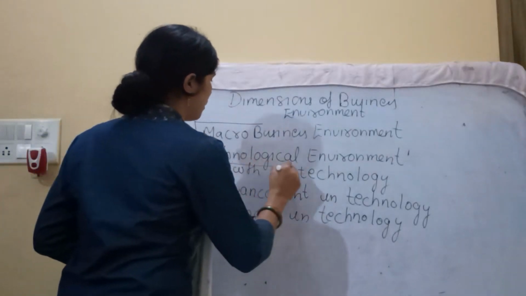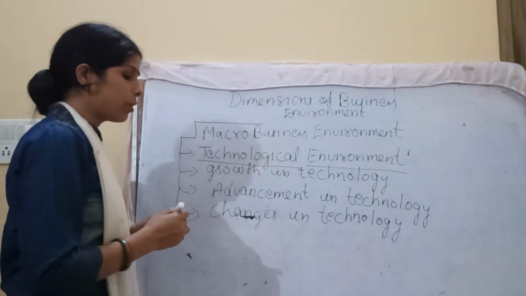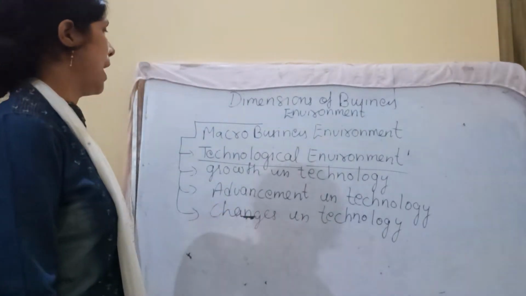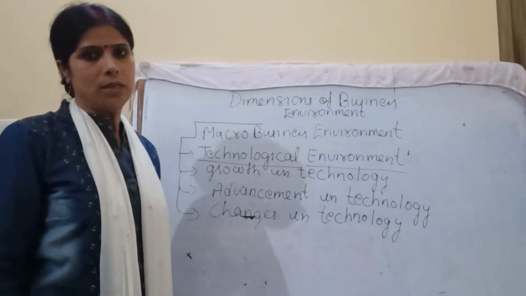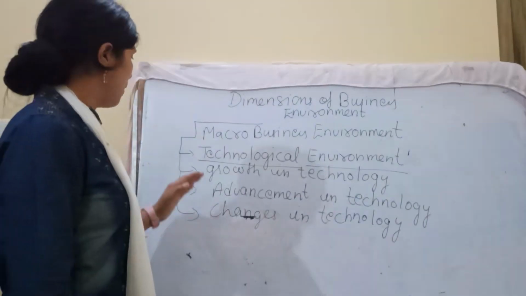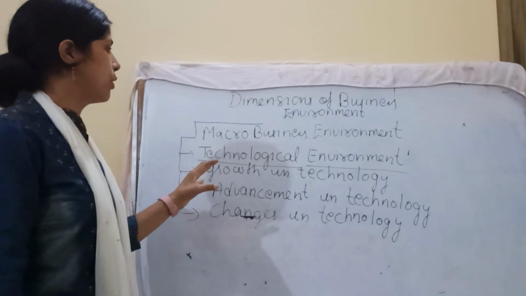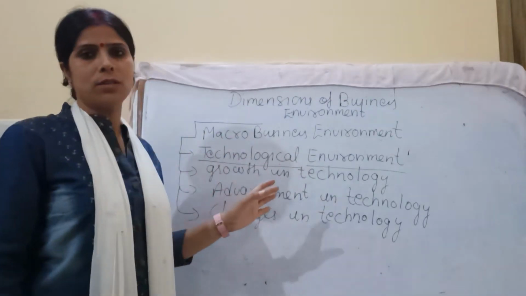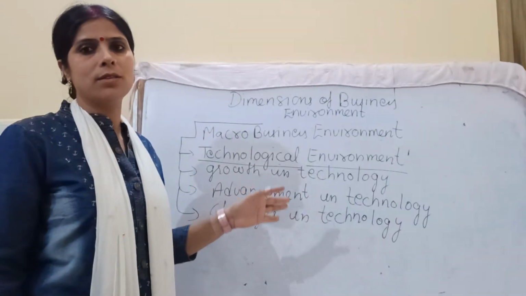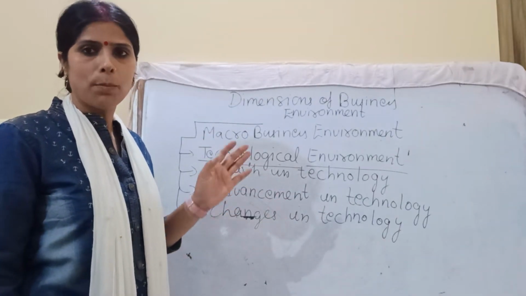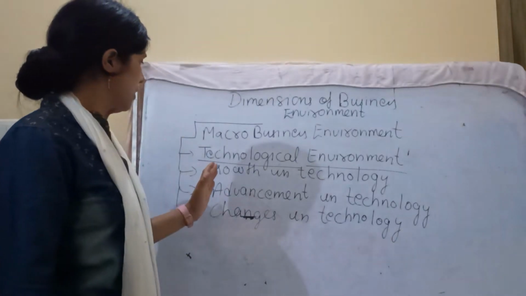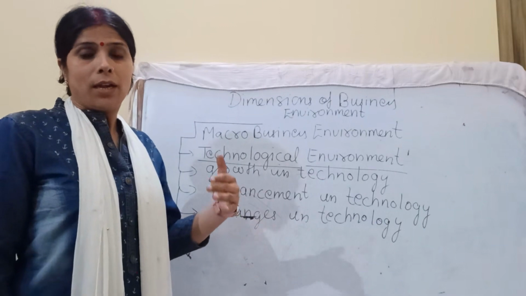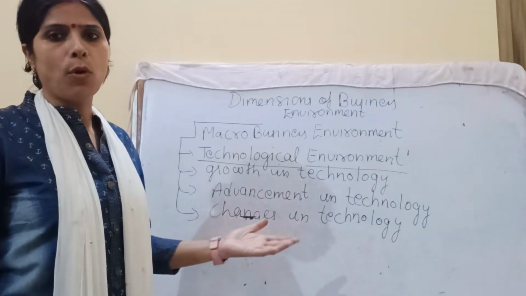We have 3 more factors under this macro business environment that we will discuss in the next lecture. Today we have discussed about the micro environment external factors, that is about the competitors, customers, suppliers, intermediaries, financiers, public, and we have also discussed in detail about the direct competitors, indirect competitors, replacement competitors, and many more things.